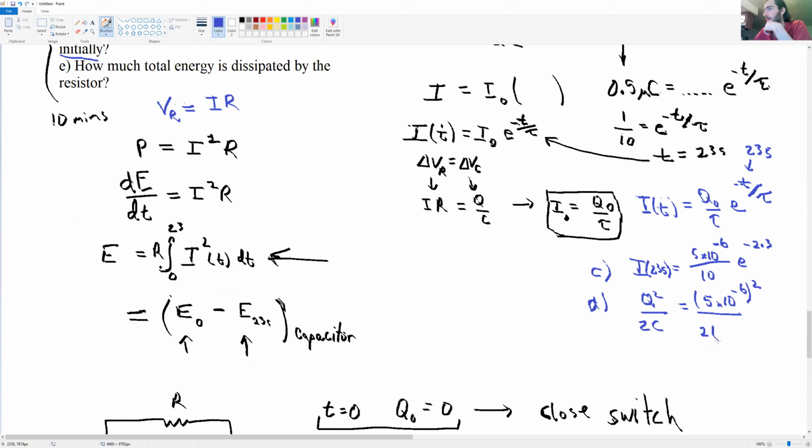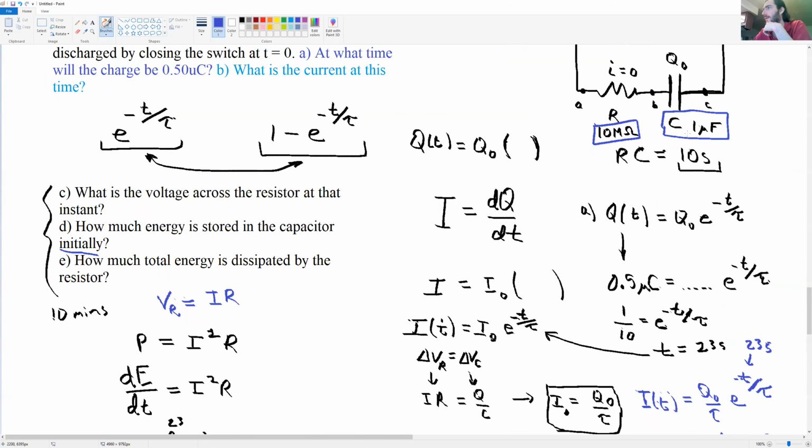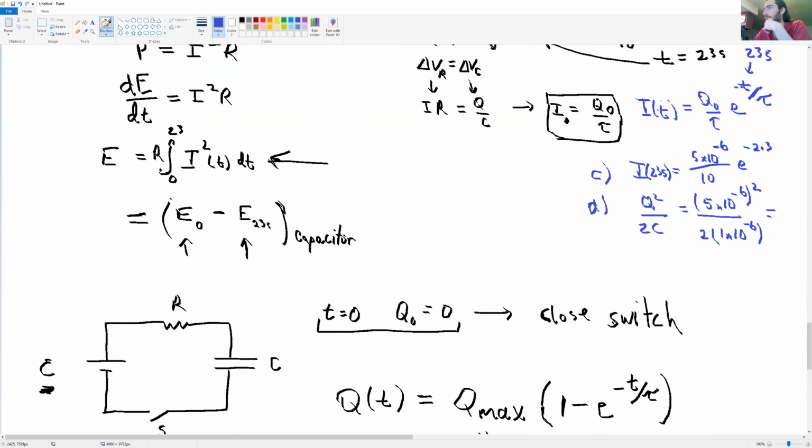Then we have a 2 in the denominator, and the capacitance is 1 microfarad, so 1 times 10 to the minus 6. It looks like it's going to end up being like 2.5 microjoules, because the 10 to the minus 6 is going to cancel with one of them.